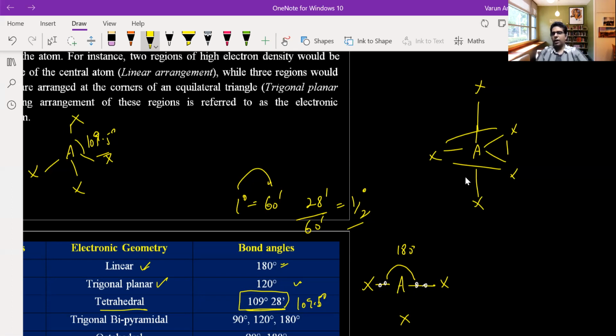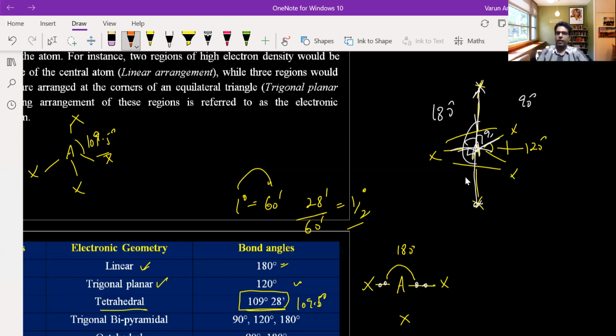So what are the bond angles? So this angle is 120 degree, you know, equilateral triangle. Now this is perpendicular to this. So this angle will be 90. Similarly, all these are 90 degree angles, and this angle X, A, X is 180 degree.